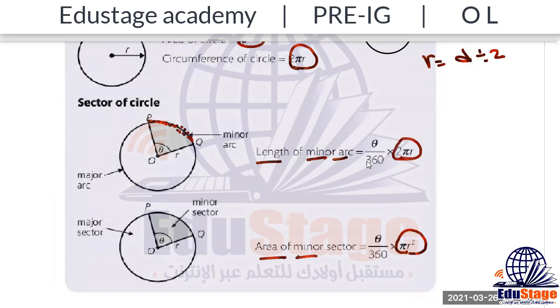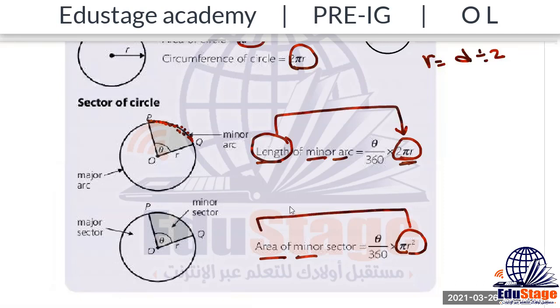In the exam, or when you are solving and you feel confused and you forgot how to do it, remember, what is the circumference of the circle? 2πR. Yes? So you use 2πR with the length, and you use πR squared with the area.